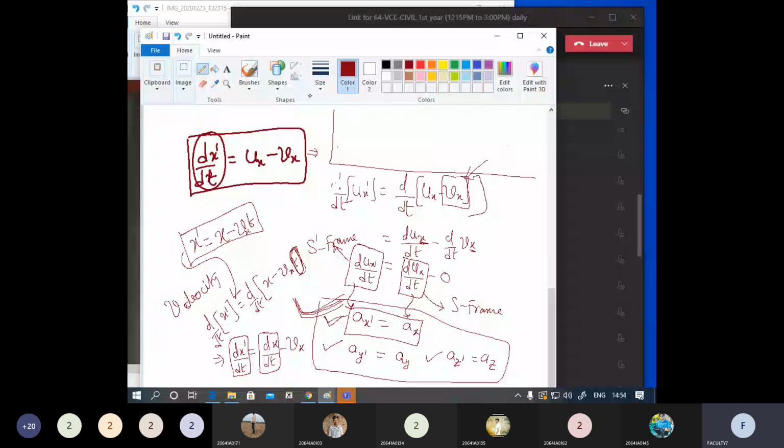Okay, now here you got dx prime by dt equals dx by dt minus vx. Now again you differentiate this. Again differentiate on both sides, d by dt, the entire factor. Substitute the entire factor here. Then you will get factor 1 and factor 2.